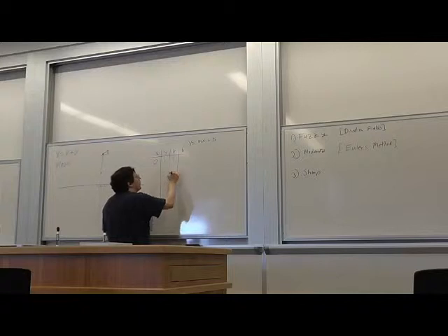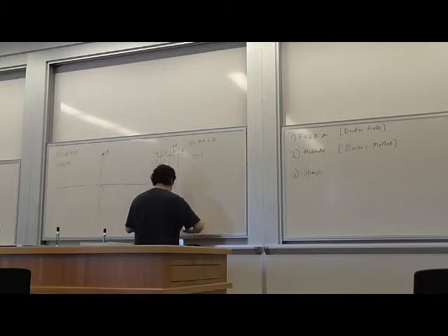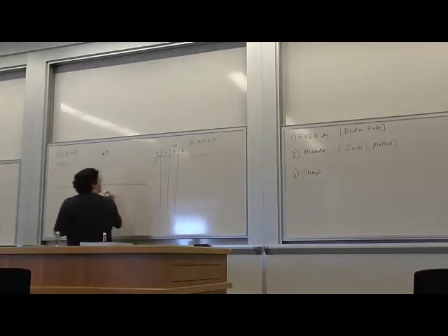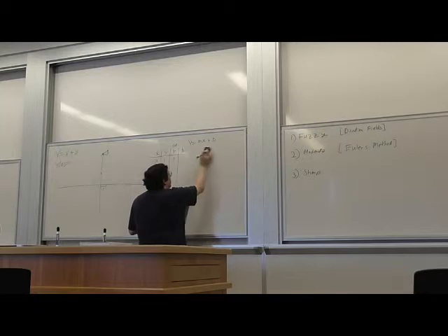M is 1 because this is X plus Y. So we have 1 times 0.1. Right? Oh, I'm sorry. All right. That's it. Now I got it.